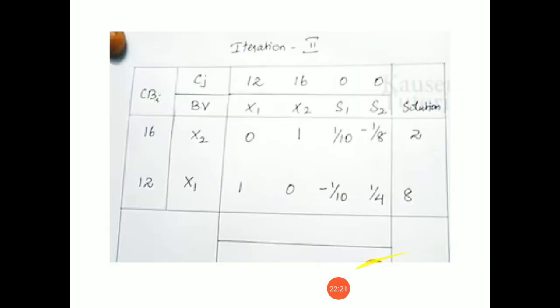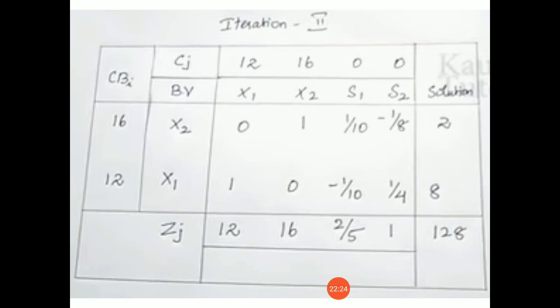Now next step is to find Zj. Again the same technique we used to find the Zj, that is Cbi into Aij. So the first element of Zj is 16 into 0 plus 12 into 1, which comes out to be 12 only. For the second element of Zj, again the same thing, 16 into 1 plus 12 into 0, which will be 16 only.